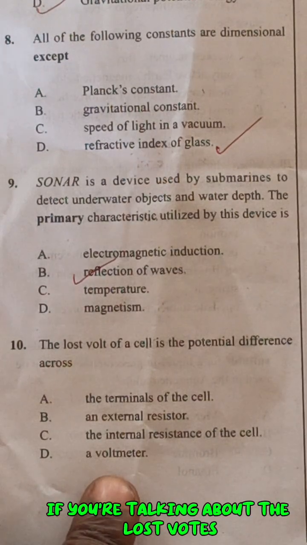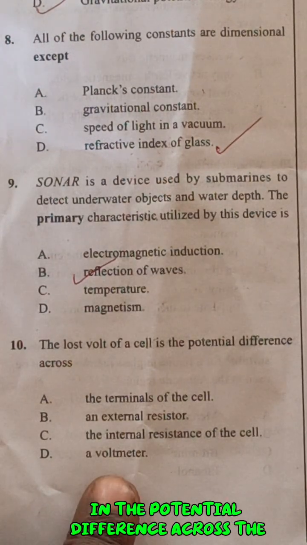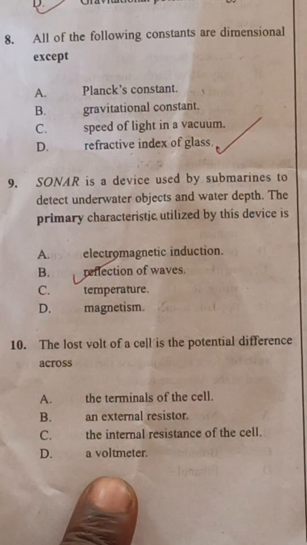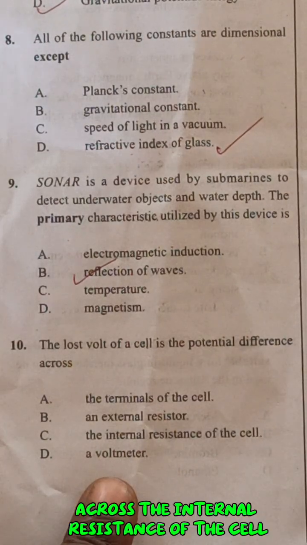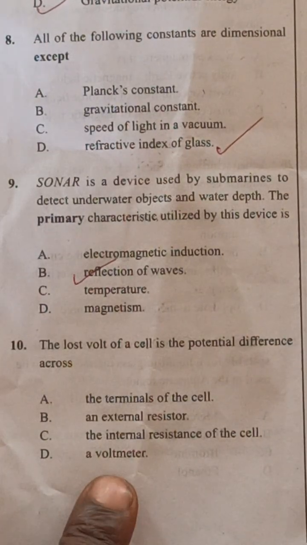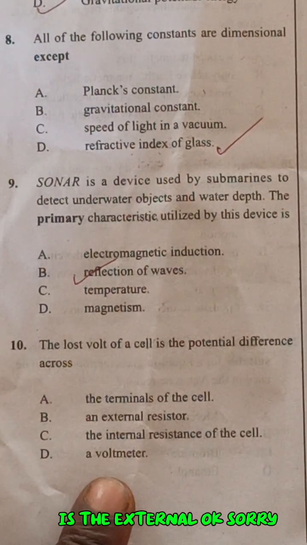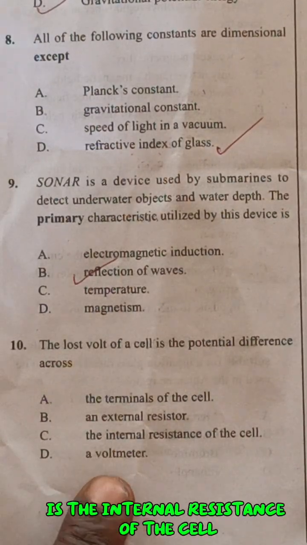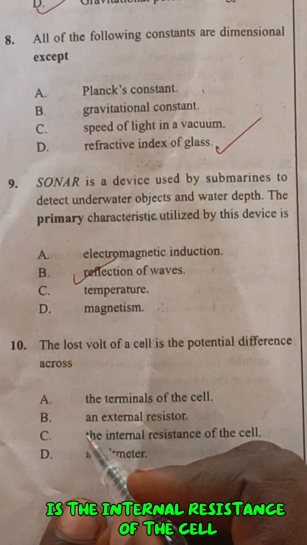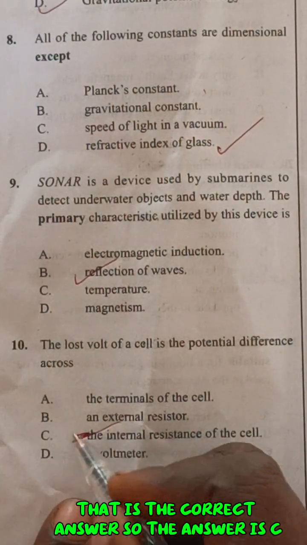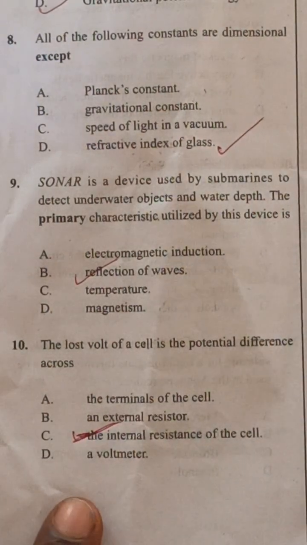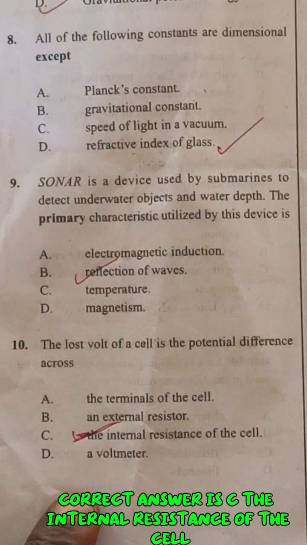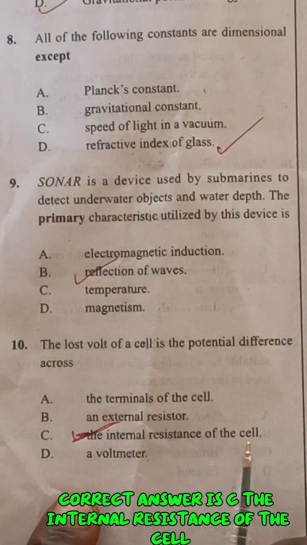The lost volt is the potential difference across the internal resistance of the cell. That is the correct answer. So the answer is C, the internal resistance of the cell.